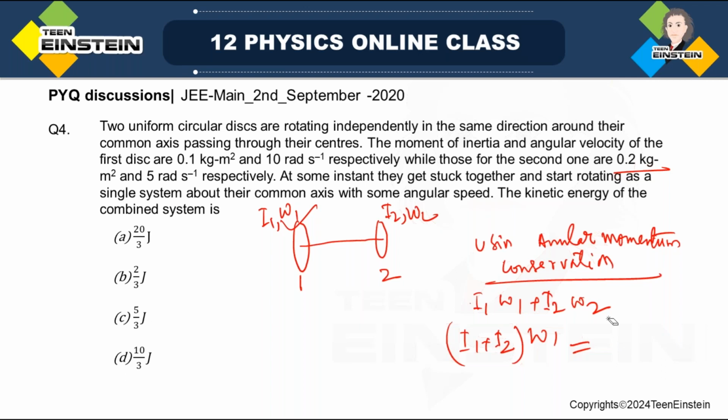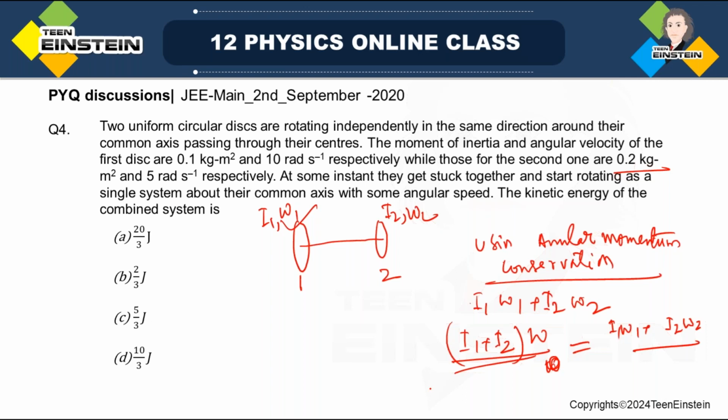Now we have the common moment of inertia I1 plus I2 into omega, which I have to calculate, where I1 omega 1 plus I2 omega 2 is known. From here we can find out the omega.